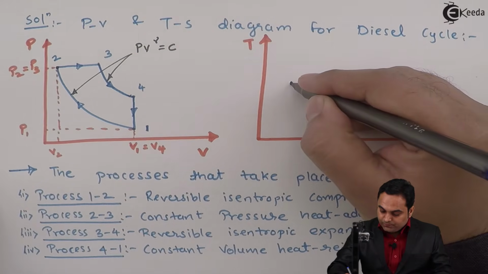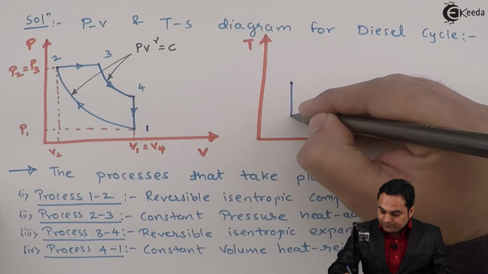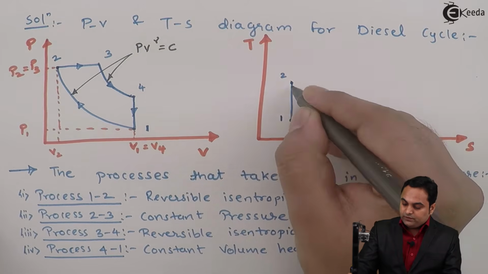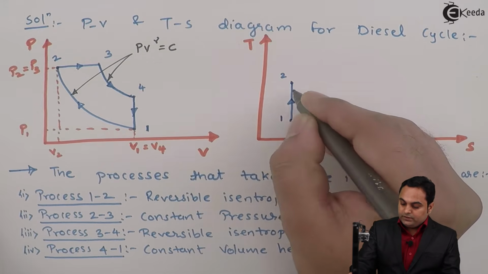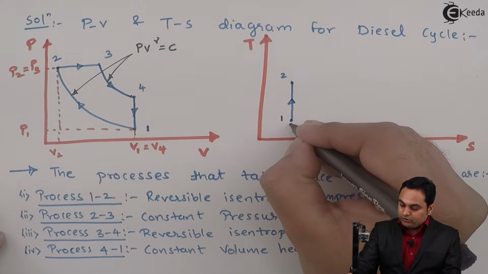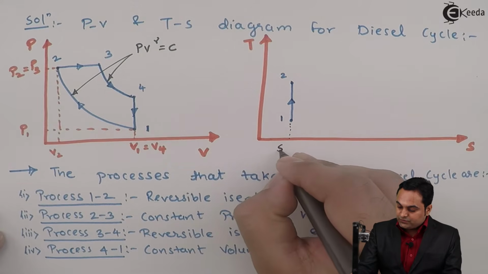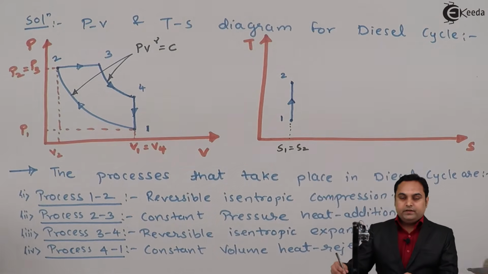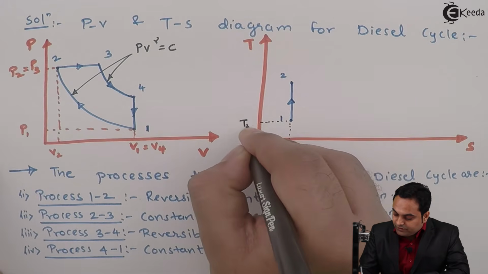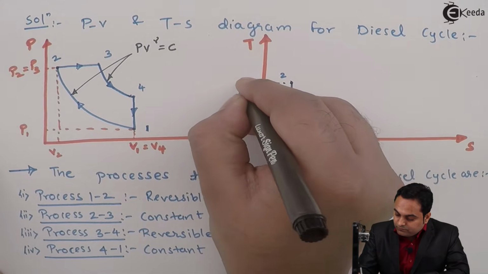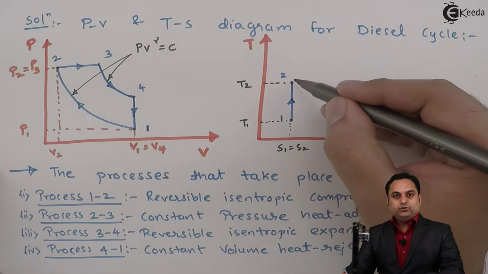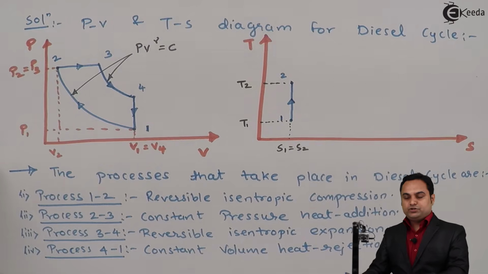So it will be shown with the help of a vertical line from 1 to 2, that is isentropic process, wherein as we see here the entropy remains constant, S1 is equal to S2, and the temperature is increasing continuously from T1 to T2. So process 1 to 2 is isentropic compression process.